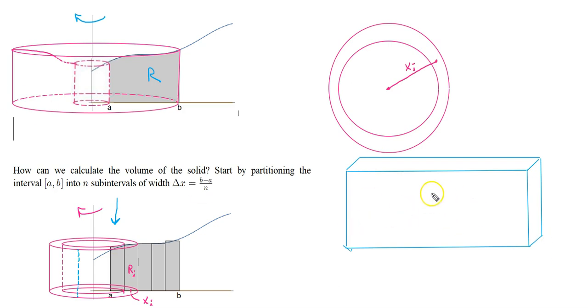This is what it would look like if we were to cut it along the seam here and unroll it. Now, this distance from here to here is going to be f of xi. If this is our function f of x, then this height right here is going to be f of xi.